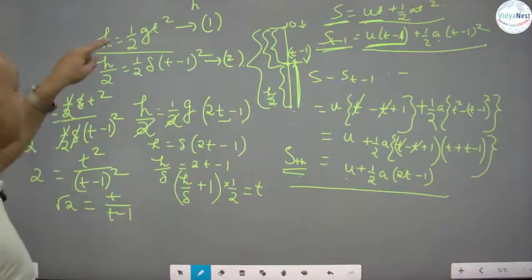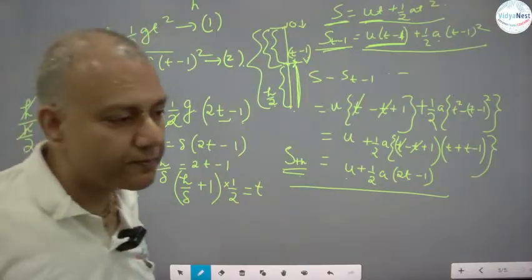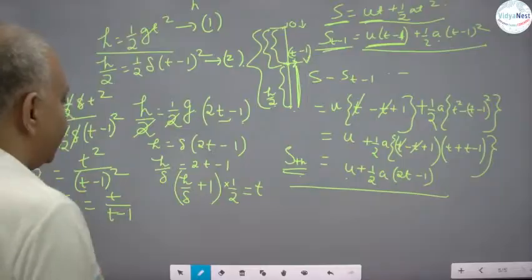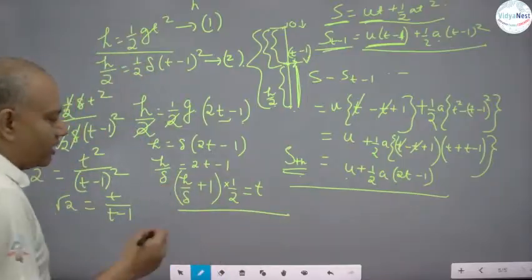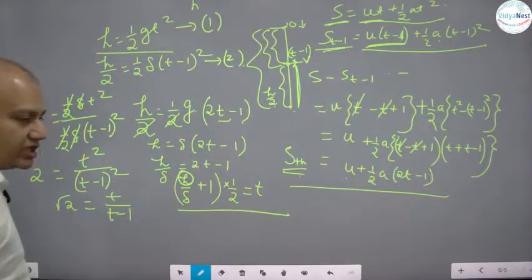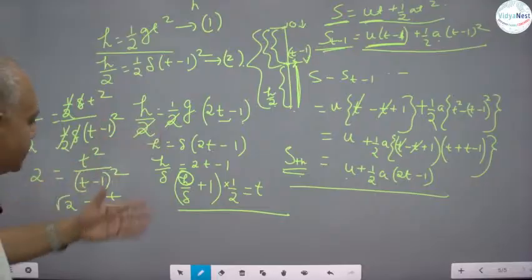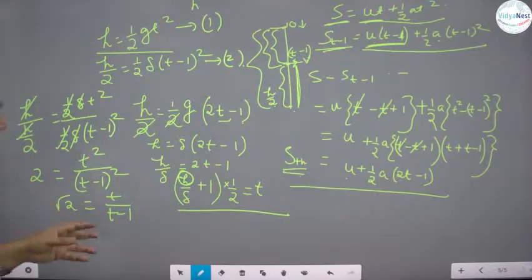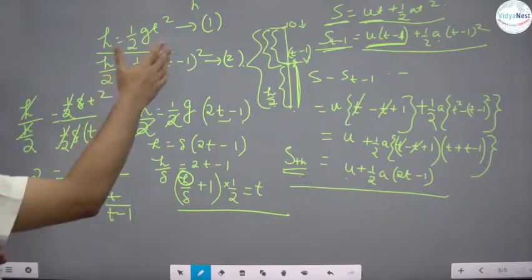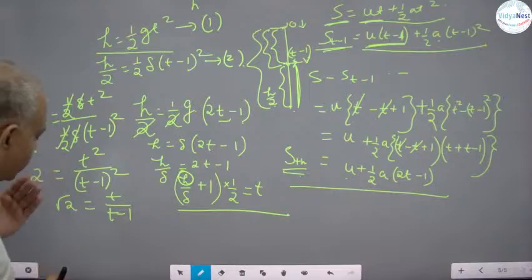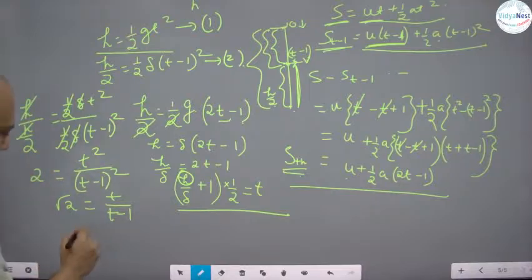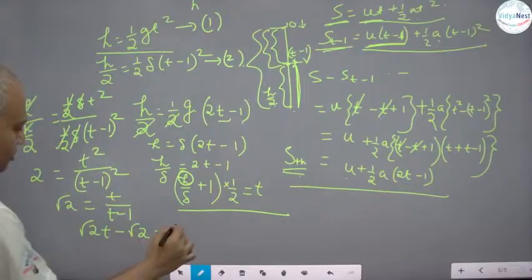So it is a much easier method. With this method, we need not think about the previous way. We thought that we require the information of h, but now we can observe that we don't require the information of h. So how to find it? We are observing that this is root 2 into t minus root 2 is equal to t, isn't it?